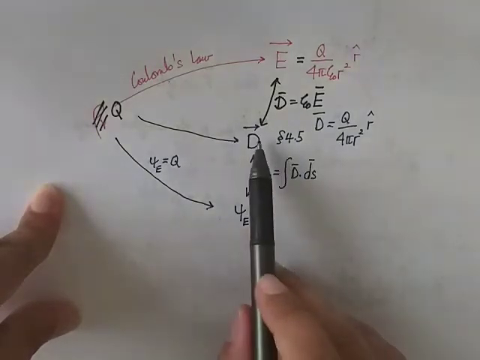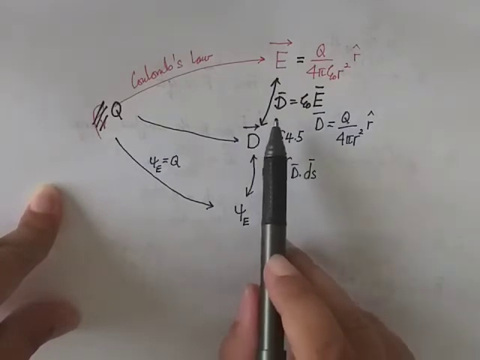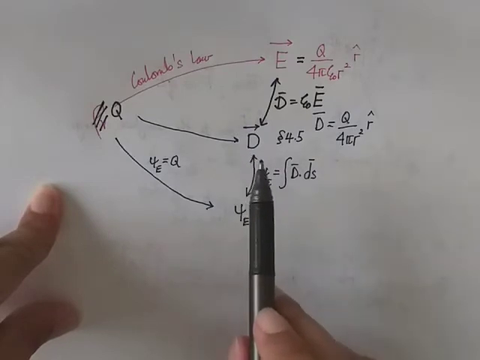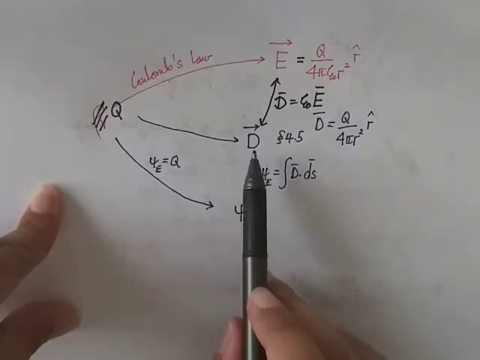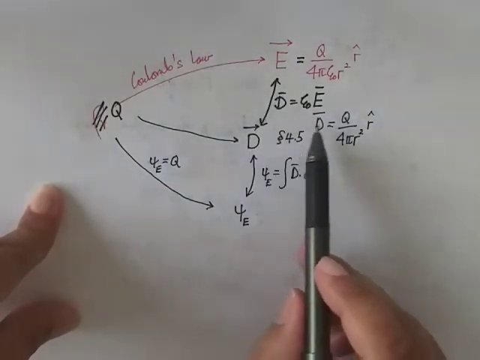So with that, we can conclude now. The D can also be known as electric field density. Why? Because we can relate it with the E, electric field intensity, using this equation.